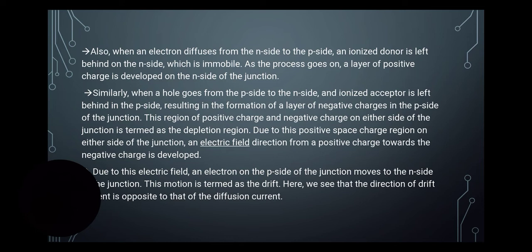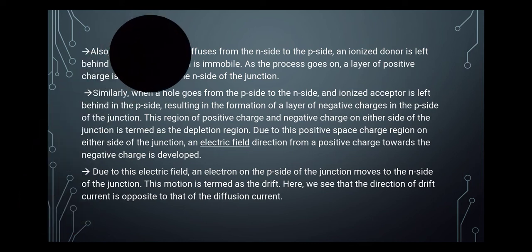The region of the positive charge and negative charge on either side of the junction is termed the depletion region. Due to this positive and negative space charge region on either side of the junction, an electric field directed from the positive charge towards the negative charge is developed.